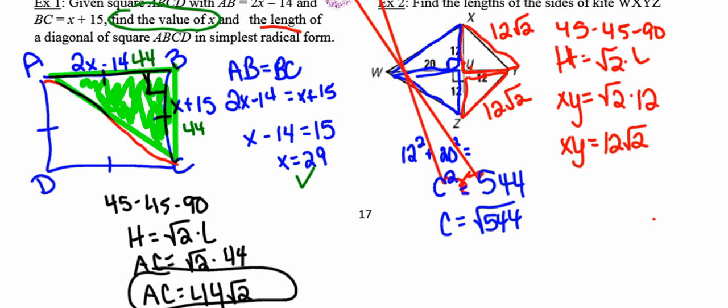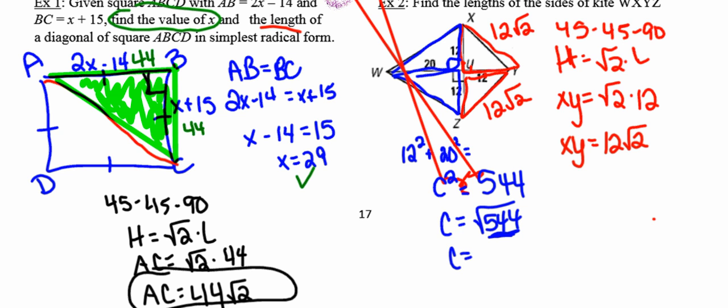Now it doesn't specify whether it wants me to leave this in radical form or round it to some decimal or some integer. So remember that when it's unspecified, they always want you to leave your answer in simplest radical form. So I need to look at the number underneath my radical sign and find the largest perfect square that'll go into 544.